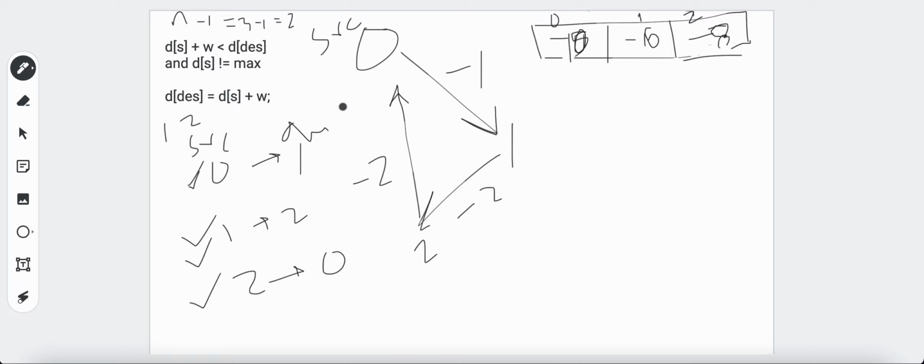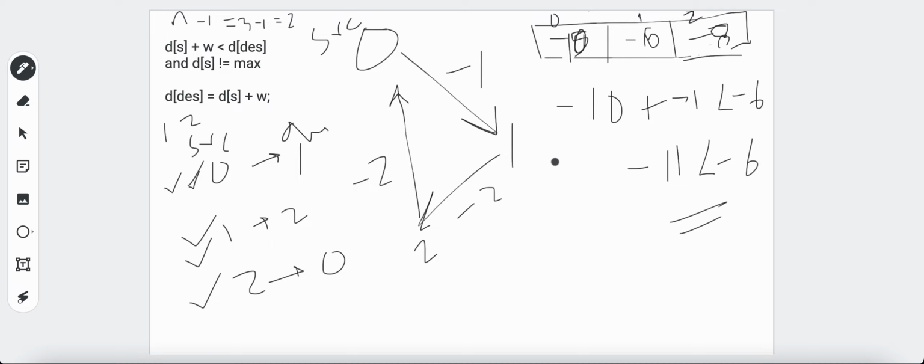So we again start from here, with the third, extra relaxation step that we are doing to confirm that there is no negative weight cycle. What is the distance of source? Minus 10. What is the weight? Minus 1. Is it less than minus 6? Minus 10 plus minus 1 is minus 11, and minus 11 is less than minus 6. If there is no negative cycle, this minus 6 should not change.